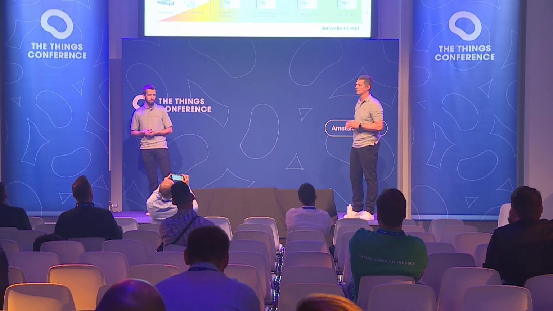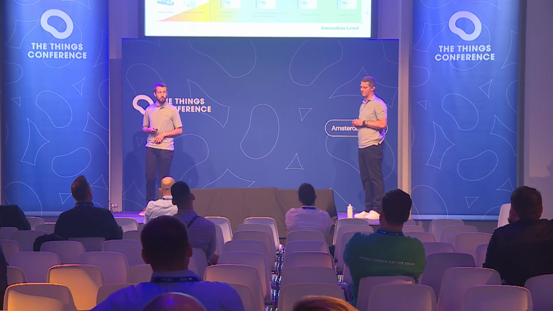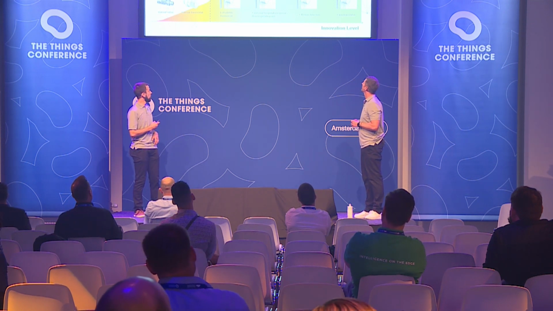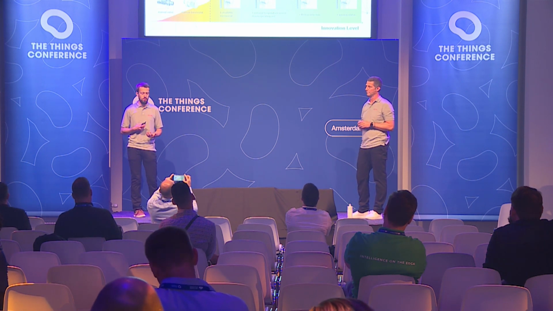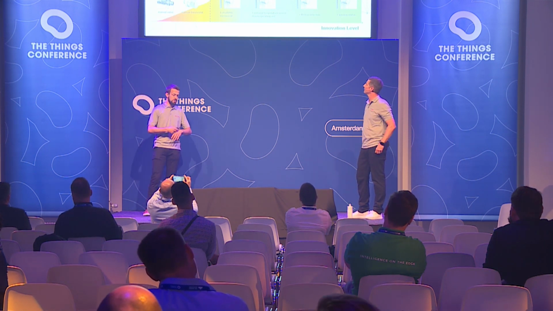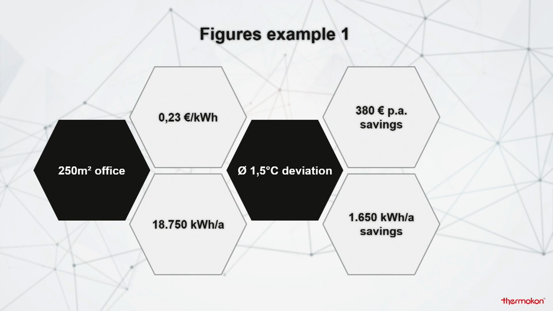Exactly. As Mario said, we can sum up the deviation that comes from the sensor itself, but also from the application, as we have seen before. To make the calculation a little easier, we decided to put in an average deviation for all these points. What we try to figure out here is the additional saving you can generate just by having more awareness of the accuracy of your application.